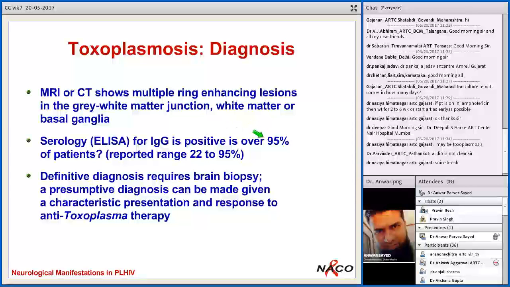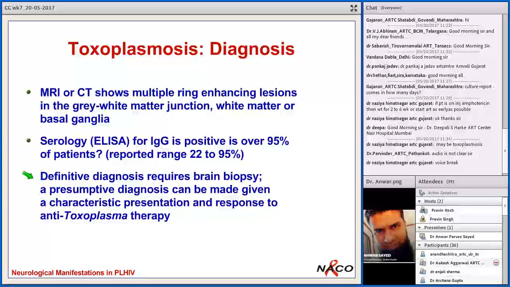That will be risky. So whenever you see convulsion or focal deficit, or any monoparesis, monoplegia, or paraplegia, do not attempt lumbar puncture before you do a CT scan or MRI in such patients.